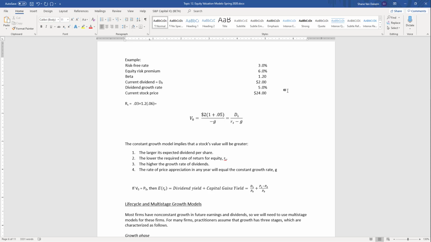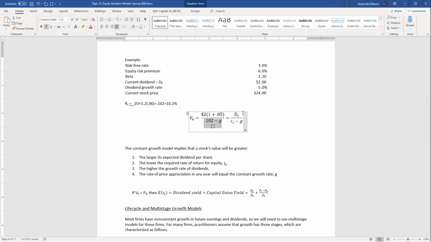So 1.2 times 0.06 is 0.072, plus 0.03 is going to be 0.102, or 10.2%.